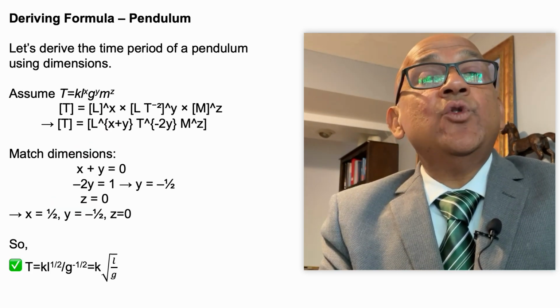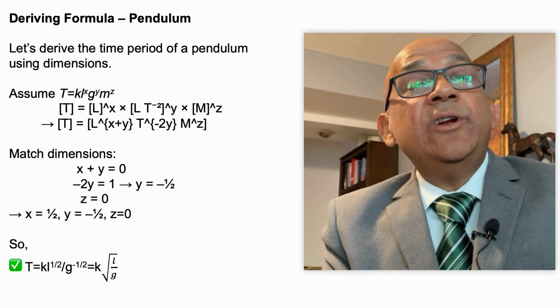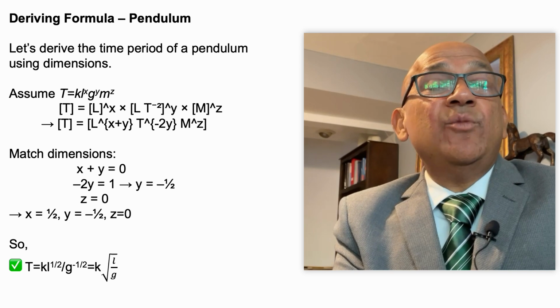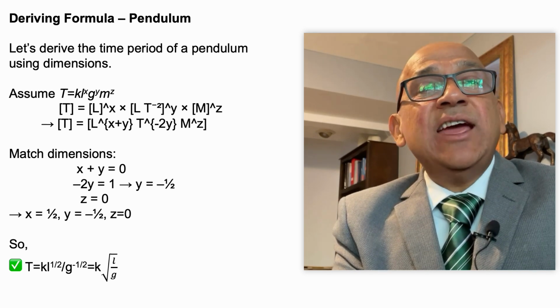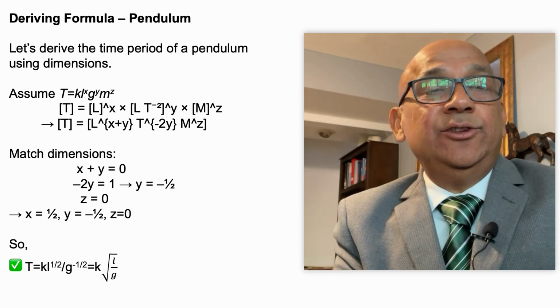So now I will show you how you can use this dimensional analysis to derive some simple formulas. Let us take the example of a pendulum and derive the time period of a pendulum using dimensional analysis.